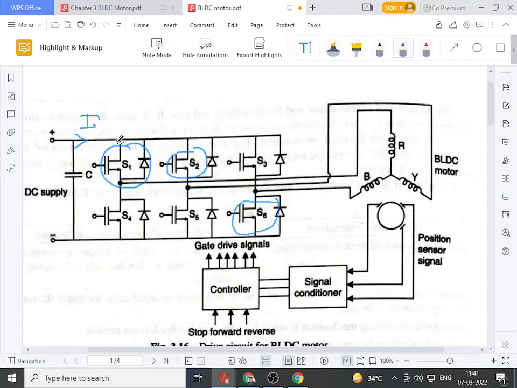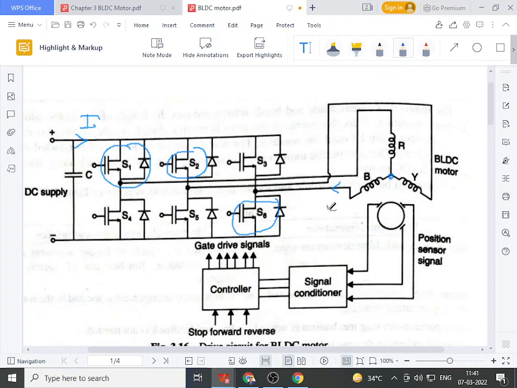I by 2 current flows through S1, I by 2 current flows through S2. In the first vertical leg S1, S4, there is R phase, so R phase carries I by 2 current. In the second vertical leg S2, S5, there is Y phase, so Y phase carries I by 2 current. Then these two currents get added, and the total current flows through B phase.